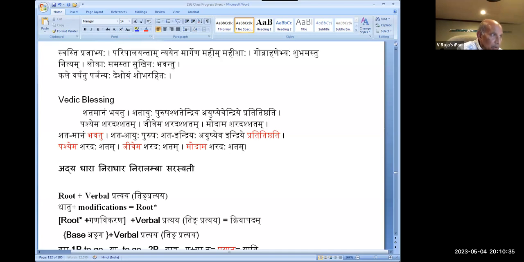Panditaha Khanditaha. Adyadhara Niradhara Niralamba Saraswati.